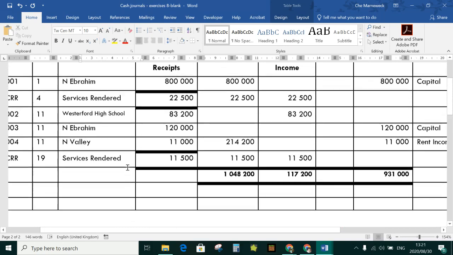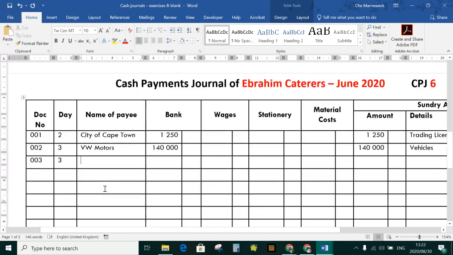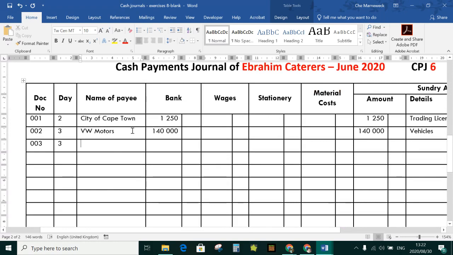Remember that in the cash receipts journal, when we receive more than one payment on a day, we would list them separately in analysis of receipts and we deposit the total into bank. In the cash payments journal, we are paying different companies. So even though the second transaction is happening on day 3, we don't add the values together and only deposit the total amount in our bank account because we are paying money.